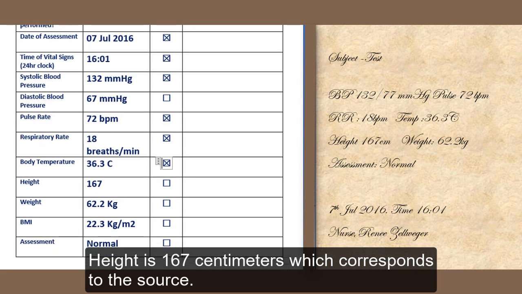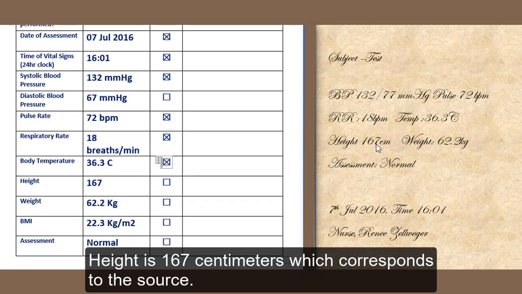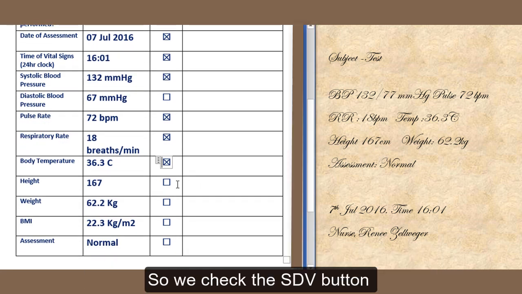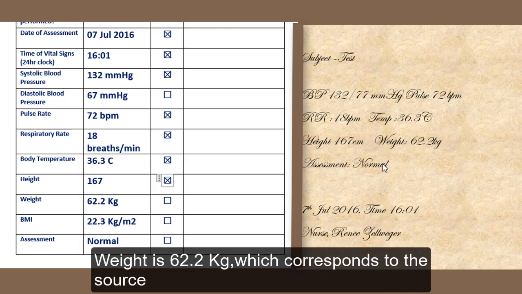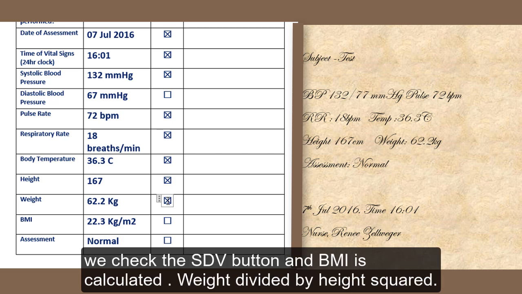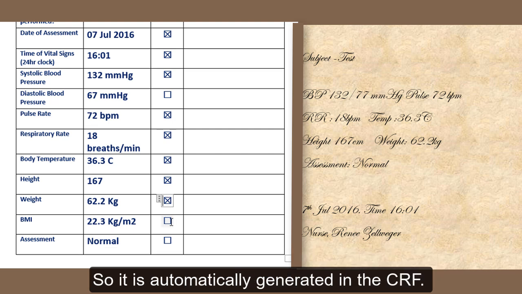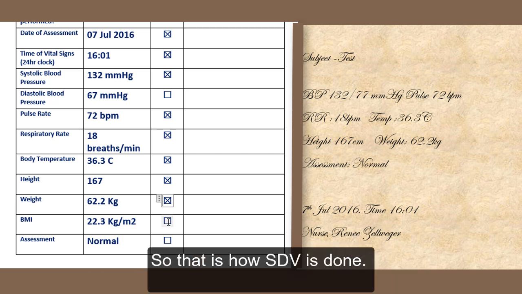Height is 167 centimeters, which corresponds to the source. So we check the SDV button. Weight is 62.2 kilograms, which corresponds to the source, and we check the SDV button. And BMI is calculated, weight divided by height squared, so it is automatically generated in the CRF. So that is how SDV is done.